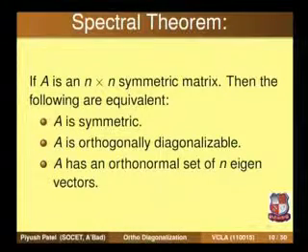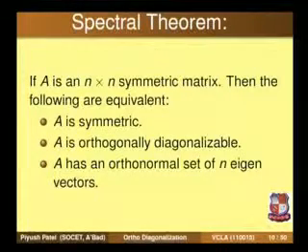This theorem says that if A is an n by n symmetric matrix, then the following three statements are equivalent. That means for any symmetric matrix, it is orthogonally diagonalizable, and it has an orthonormal set of n eigenvectors.